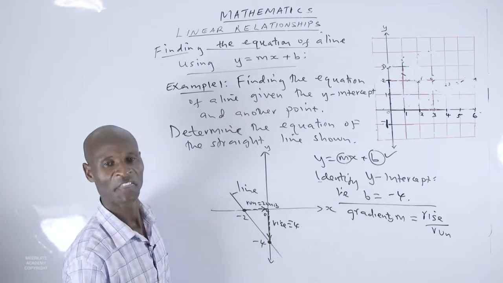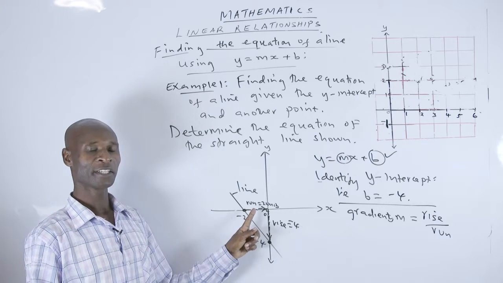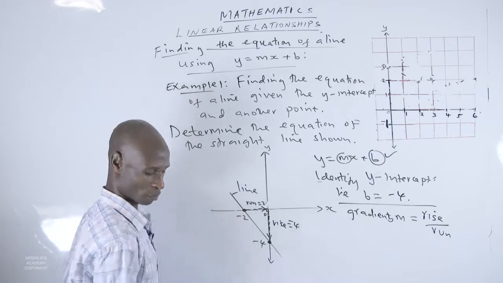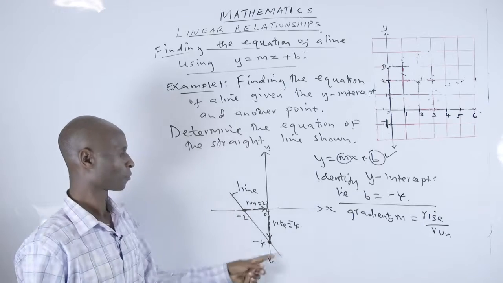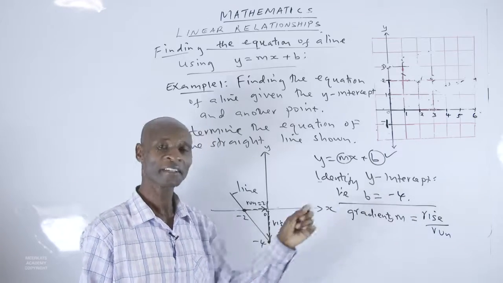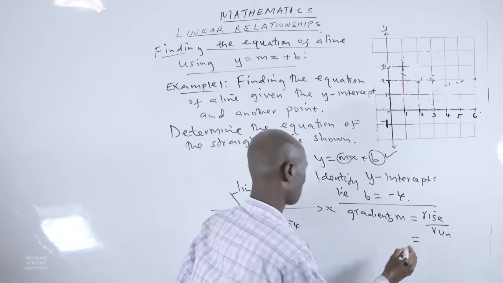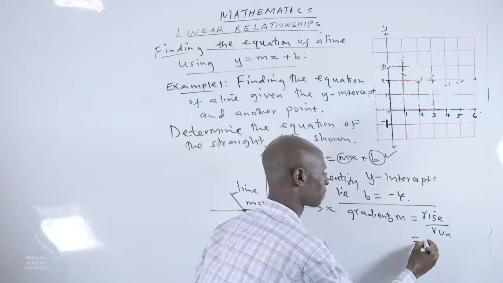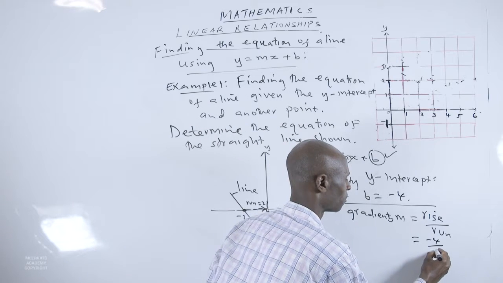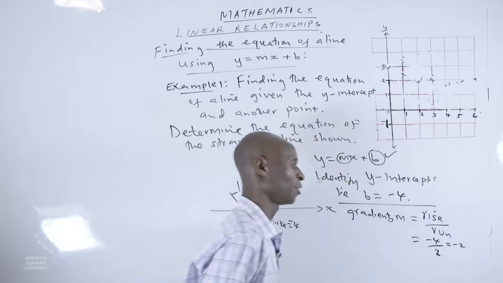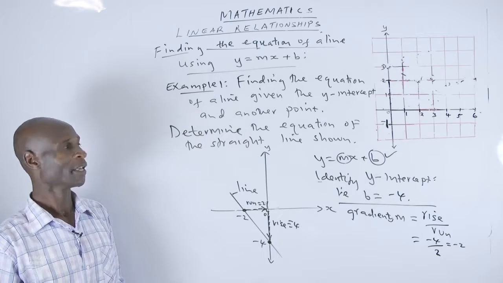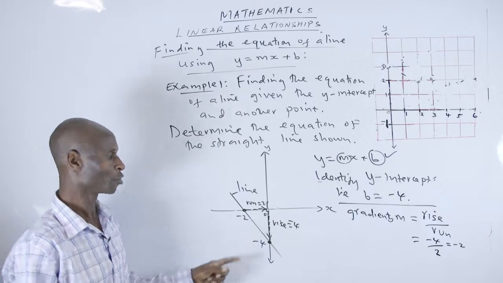So we shall link the rise with a -4, and the run is always positive, which is 2. So we substitute in our equation of a gradient, which is rise over run. In this case, rise is -4 over run is +2, which gives us -2. So that means the gradient of this line is -2.